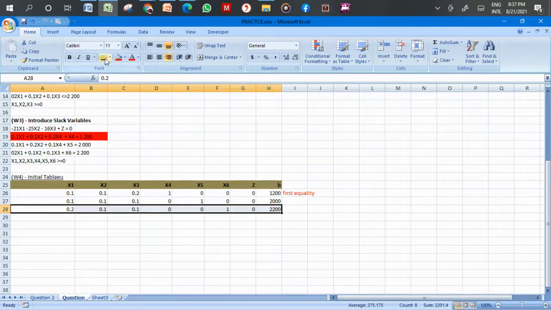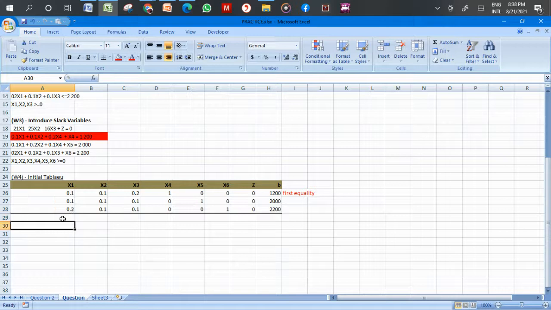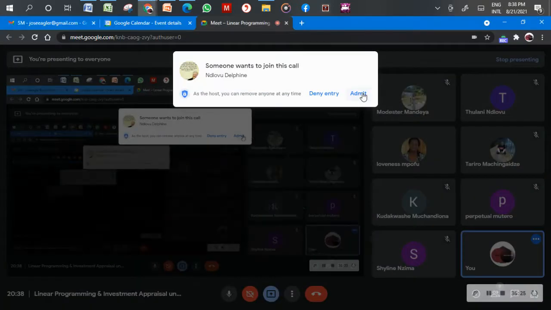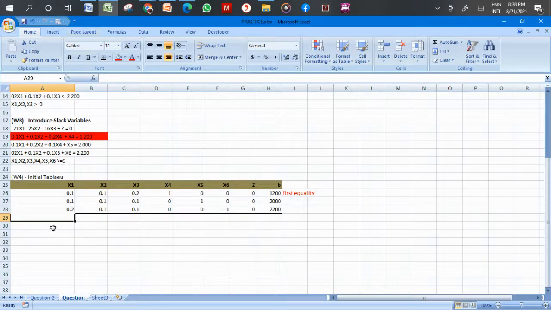And now we are on the bottom, where we put our maximized contribution equation. Here on x1, the condition was minus 21, wasn't it? For mangoes, it was minus 25. For bananas, it was minus 16.